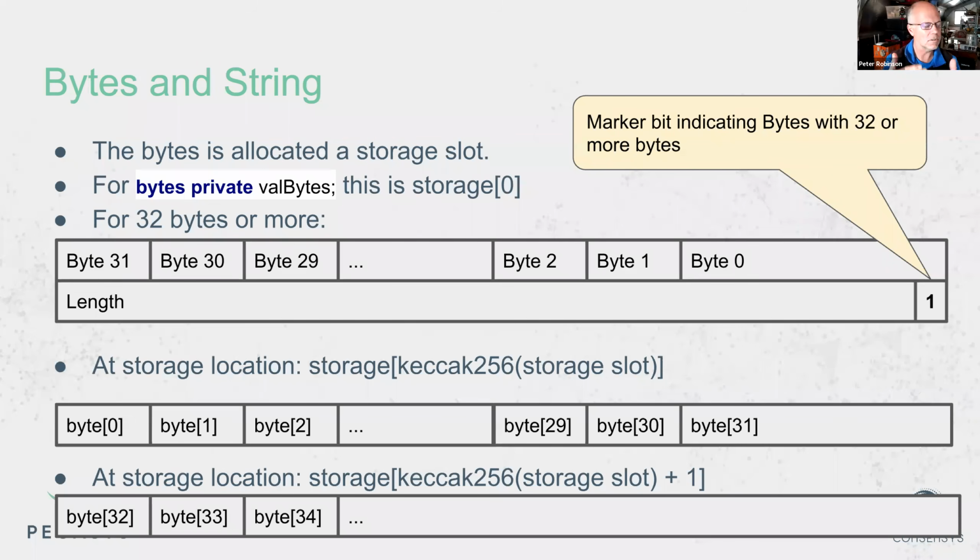We're in storage slot 0, so that's going to be Keccak of 0, and that is where the bytes are stored. And if you've got more than 32 bytes, then byte 32 and more will be stored at Keccak of the storage slot plus 1. So if you had 2 byte arrays, then one of them will be in storage slot 0 and another one will be in storage slot 1. If you do a Keccak-256 of 0 and 1, you'll end up with a completely different part of the number space, and so you're not going to have collisions.